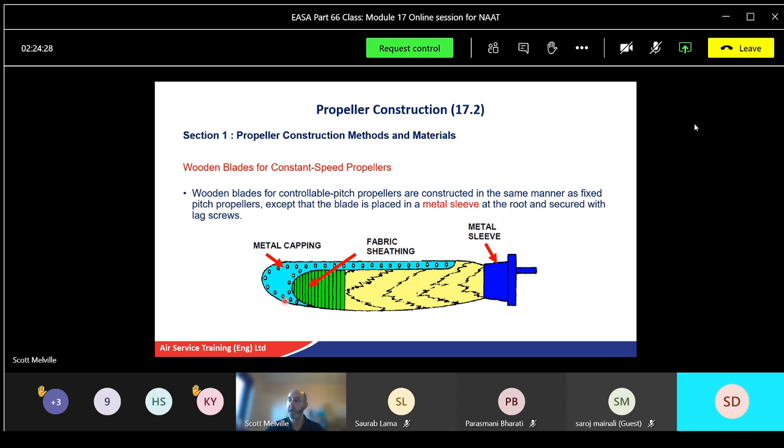There's your protection capping, some fabric sheathing there to strengthen it, and then the wood part will be fitted into this metal sleeve. It'll be designed to fit in there and secured in there. So that's a wooden blade constant speed propeller. That way, with this little spigot here, you can actually adjust the pitch of the blade.